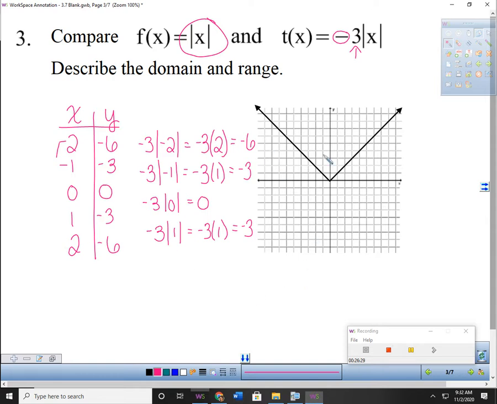So I'm going to plot those points. I've got negative 2, 1, 2, 3, 4, 5, 6, and negative 1, negative 3, 0, 0, 1, 3, 2, negative 6.